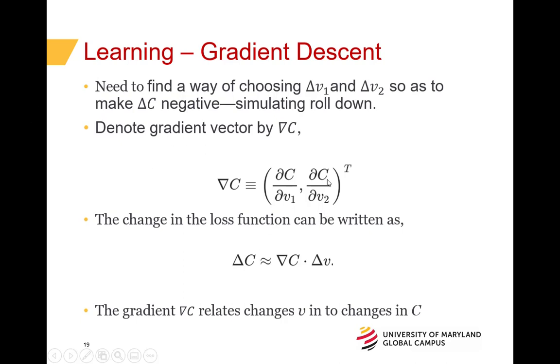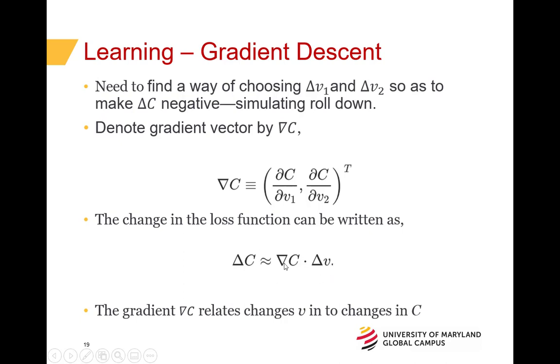So here is again the gradient vector with respect to the two components, and the change in the loss function is proportional to the gradient. So the amount of the change, by how much we change the output, is proportional to the gradient and the change in the vector, right?